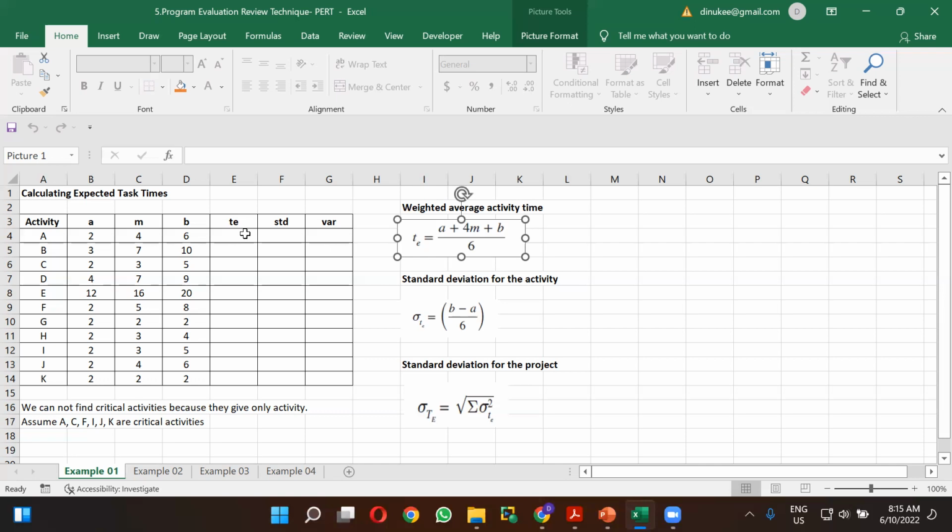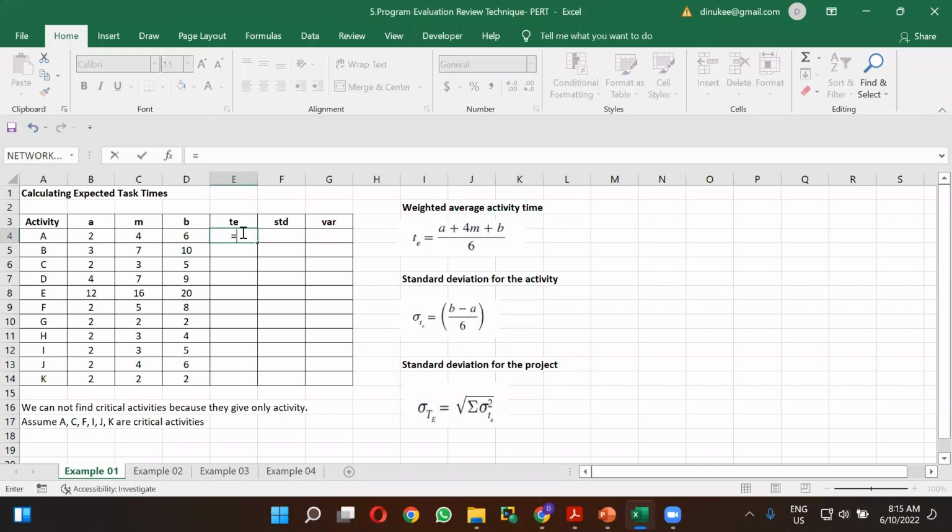So for activity A, I will calculate using the Excel, right? For activity A, first you have to get the A, which means the optimistic time. The optimistic time for activity A is 2. So type that 2, and you have to add 4 into the most likely time. The most likely time for activity A is 4.